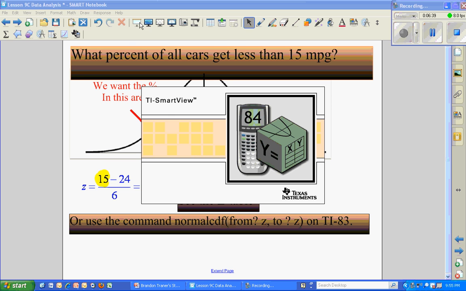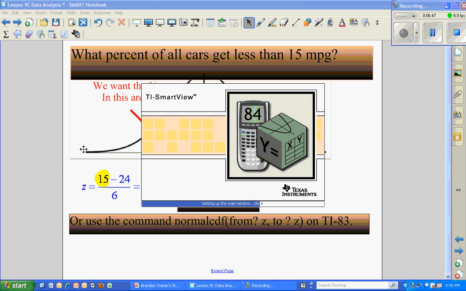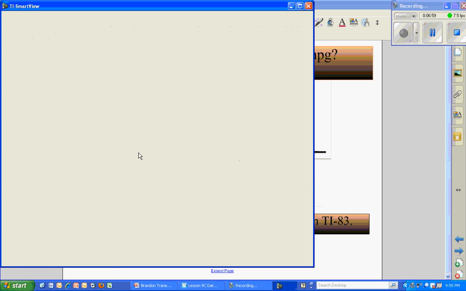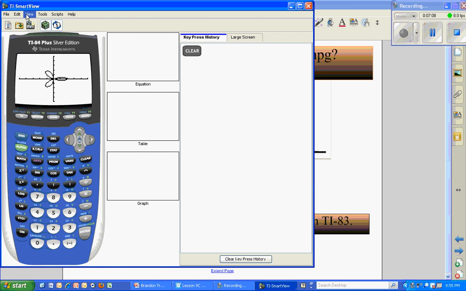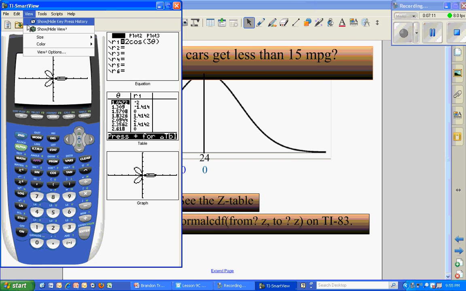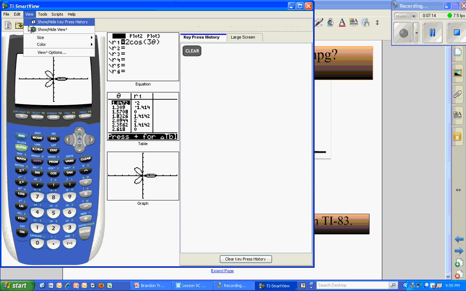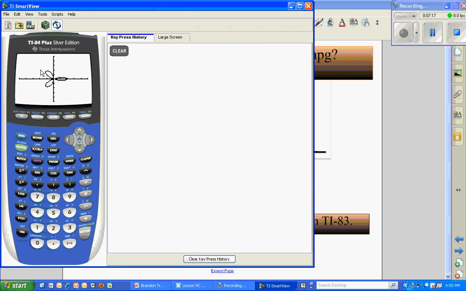Since we want to know what percent of all of our cars get less than 15, we're going to head back to the home screen.